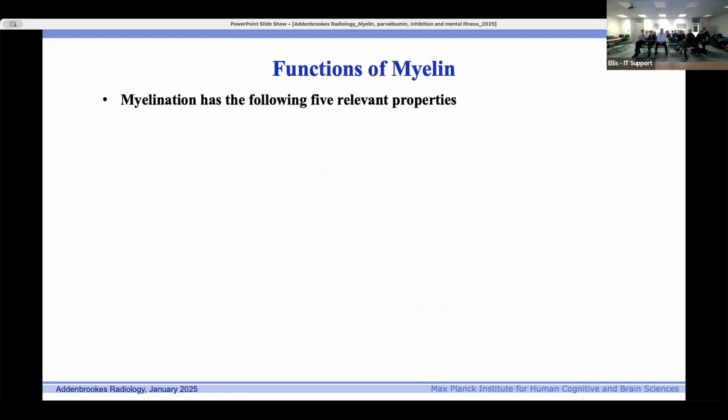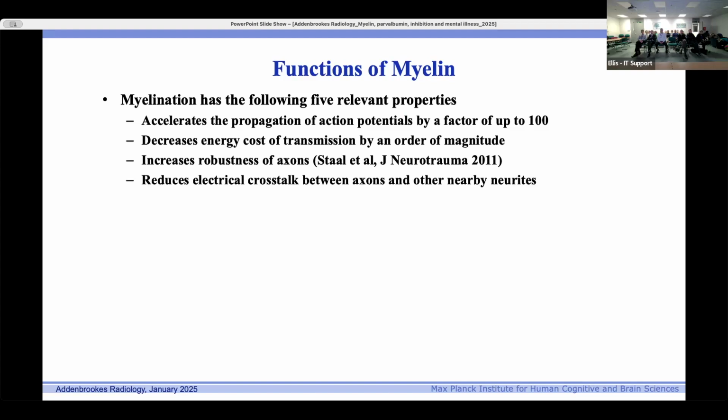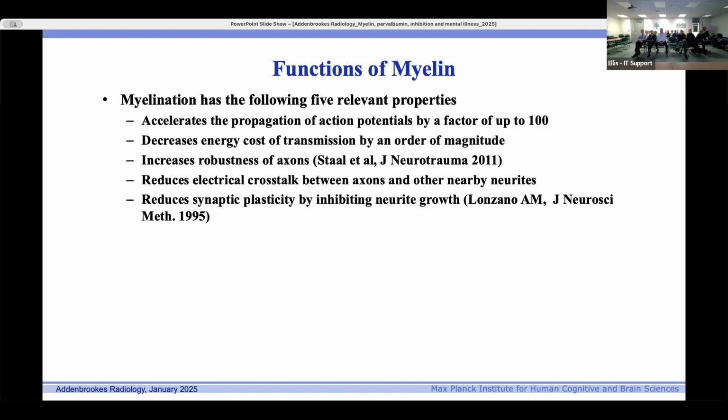So, what does myelin do? There's the following 5 properties. It accelerates the propagation of action potential by a factor of up to 100, decreases the energy cost of transmission by an order of magnitude, it makes axons stronger, it reduces crosstalk, it reduces synaptic plasticity by inhibiting neurite growth.